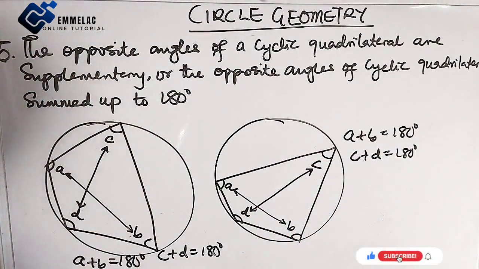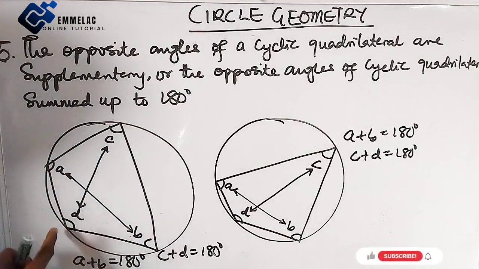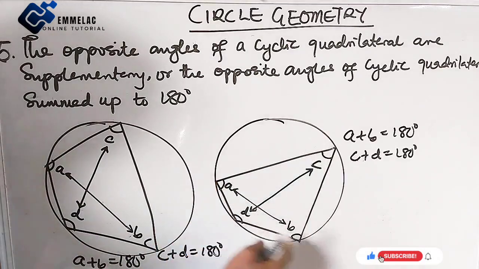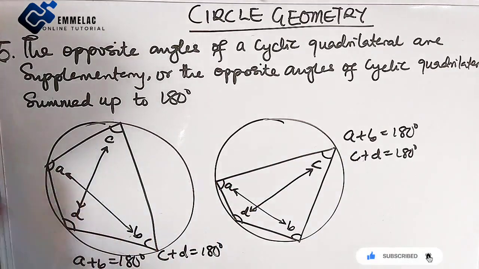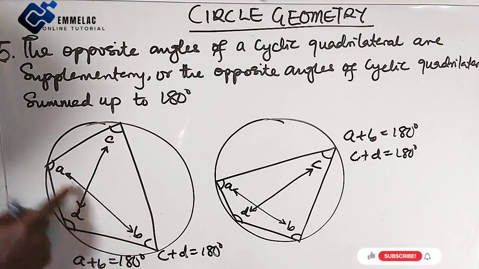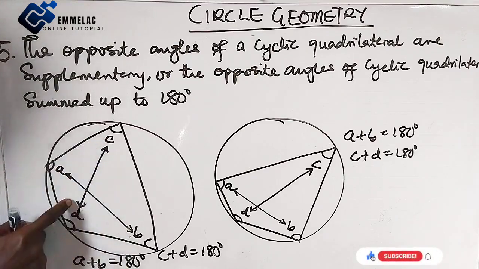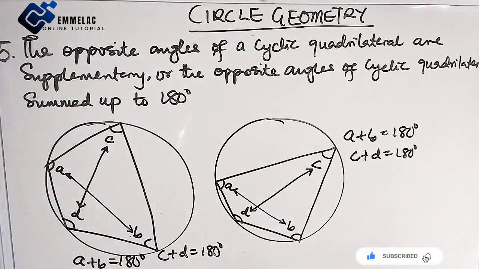When you see cases like this, it is theorem 5 that applies, as long as either of these lines is not a diameter. So this plus this, the opposite angle, equals 180. The opposite angle here equals 180, here is 180, and here is what? 180. That makes them supplementary angles. All right, now let's move to theorem 6.